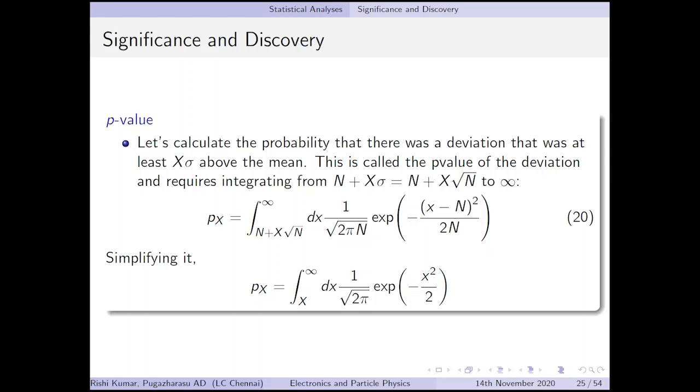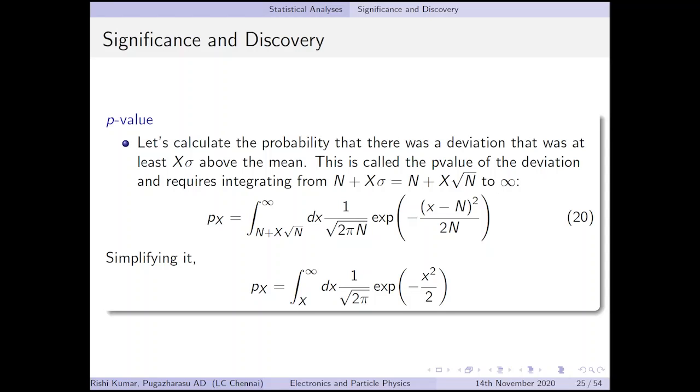So now let us use a practical example. Let's calculate the probability that there was a deviation at x sigma above the mean. So x is just any number of sigmas above the mean, and sigma is the standard deviation. This is called the p-value of deviation and requires integrating from n plus x sigma, where x can be 1, 2, 3, that is n plus x root n, to infinity.